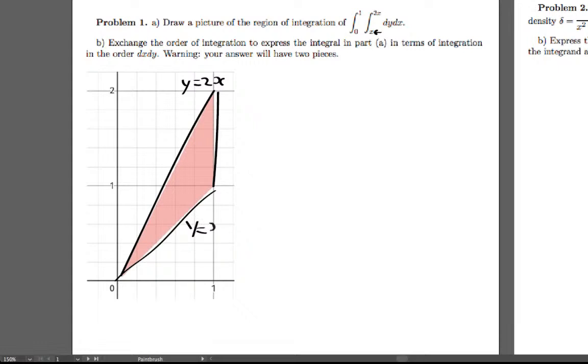So first things first, let's just go ahead and write the double integral dx dy. We are just going to switch the order of integration.